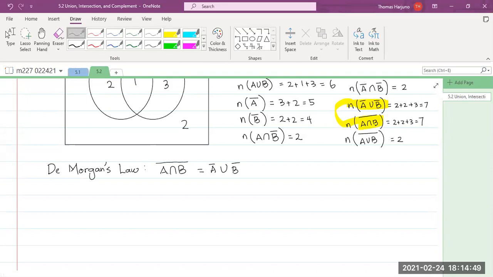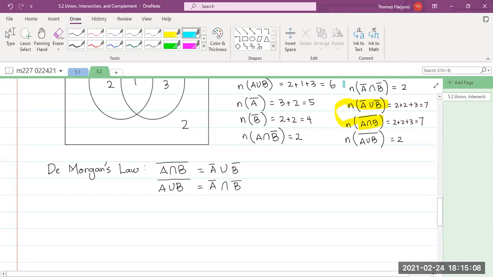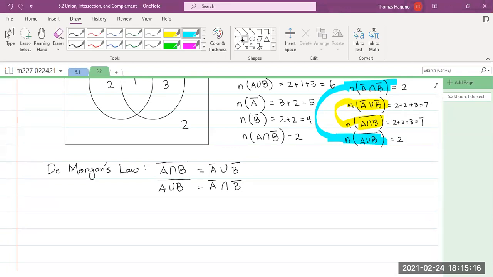Okay, and the number of elements in the complement of the union of A and B is the intersection of the complement of A and complement of B. That's why you see these two numbers are the same. Okay, worth noticing.